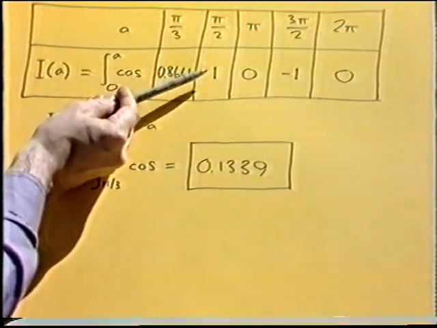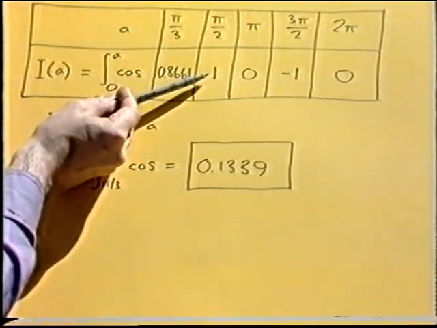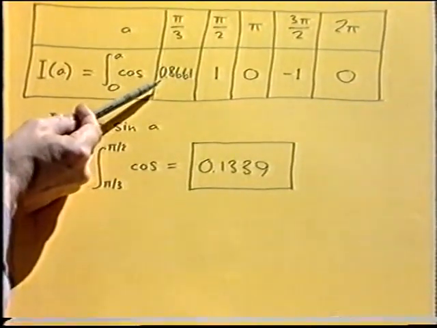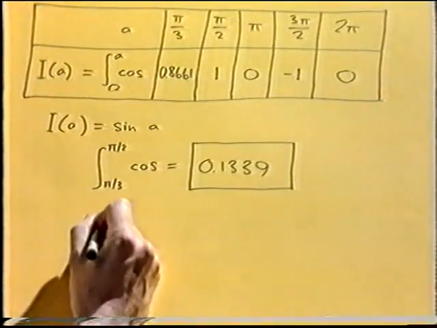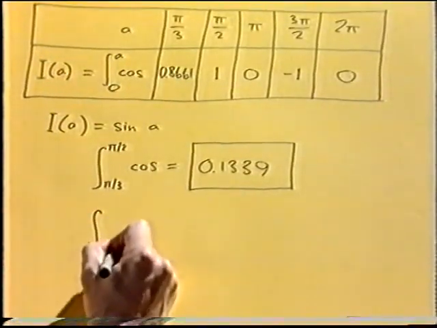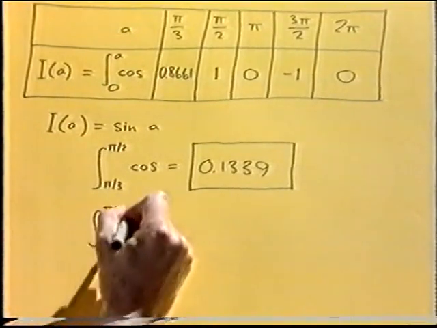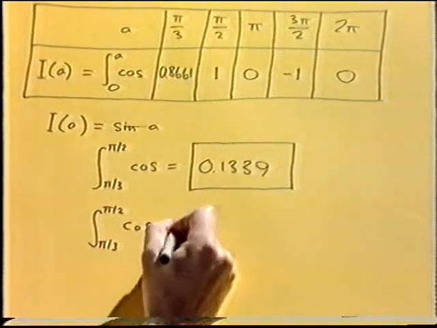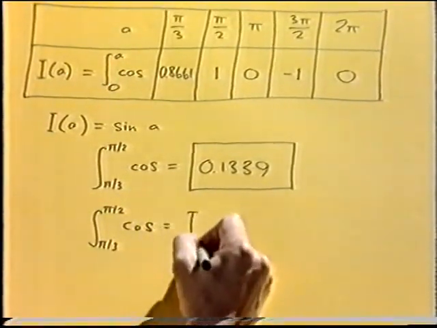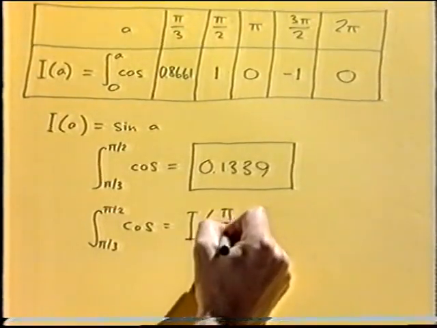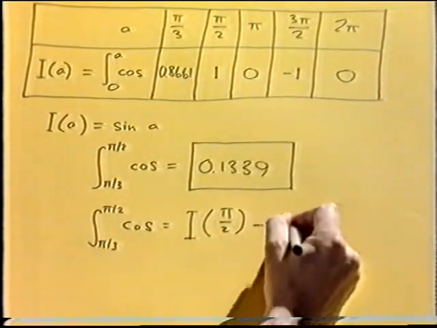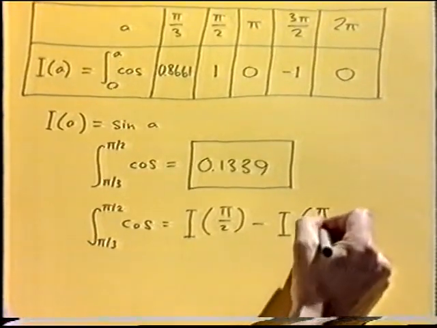But that's just this much, the bit from 0 to pi over 2, minus this much, the bit from 0 to pi over 3. So the integral of cos from pi over 3 to pi over 2 is equal to the integral from 0 to pi over 2 minus the integral from 0 to pi over 3.